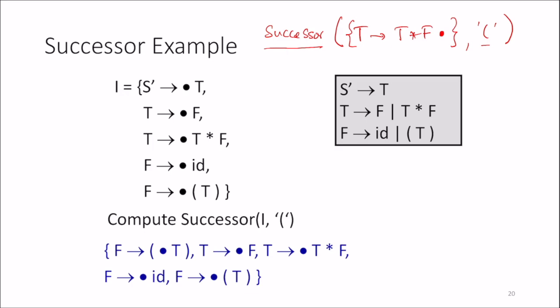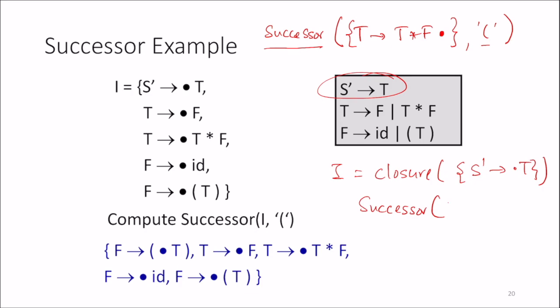So far what we have seen is how you can augment a grammar with S prime goes to the start symbol. And then we start with the closure over this rule S prime goes to dot T. That gives us our initial item. And then we do successor on this initial item on different symbols, so on all of the input symbols and all of the non-terminal symbols as well.